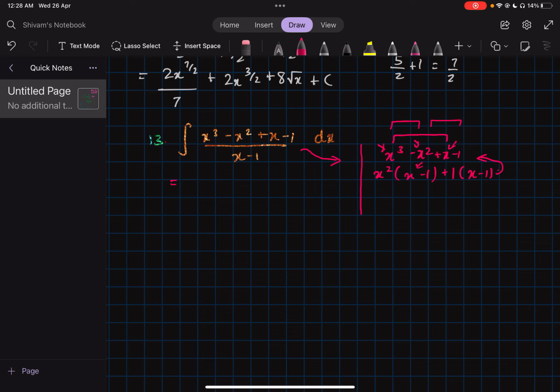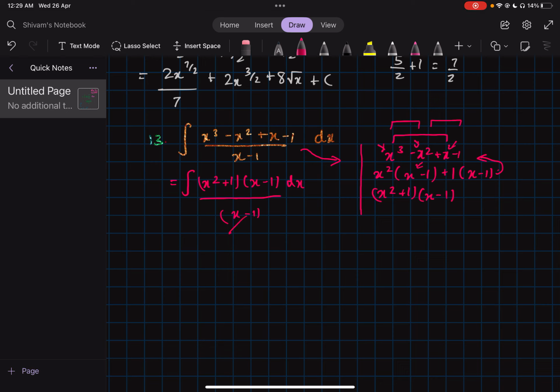And then you want to replace in the integral. And then, of course, you want to group these together like this. So you're going to put that into the integral: x squared plus 1, x minus 1. Don't forget the dx. And then x minus 1.